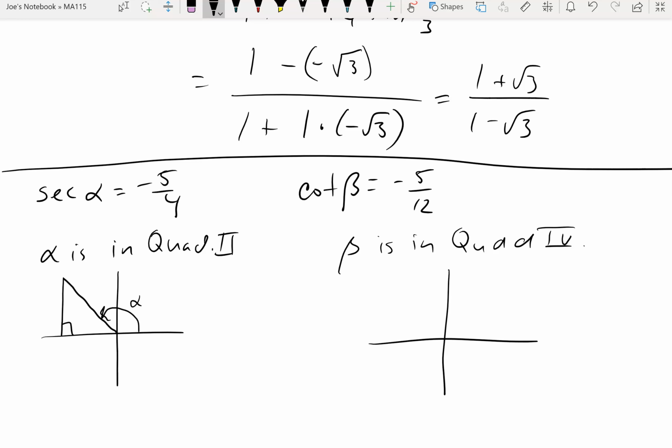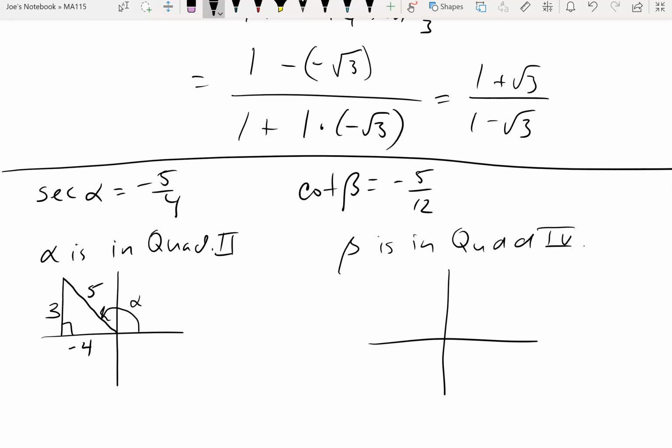The adjacent and the hypotenuse, right? What do we label the adjacent? Negative 4. And the hypotenuse will be 5. And it's a 3, 4, 5, so we can label the opposite side with a 3.